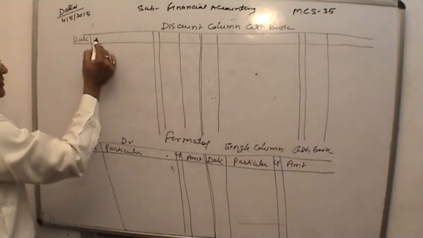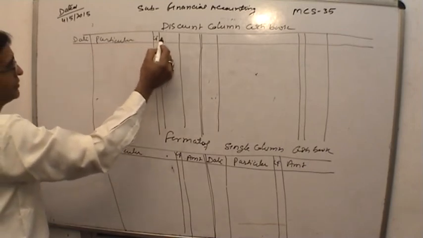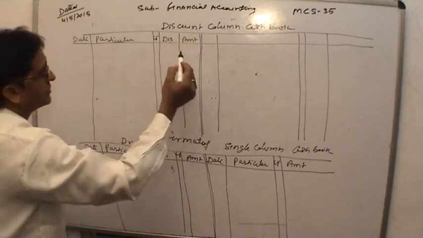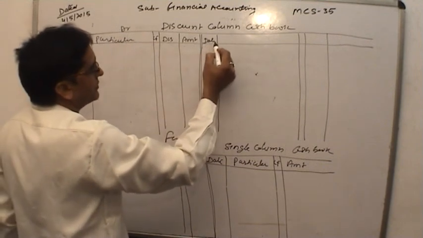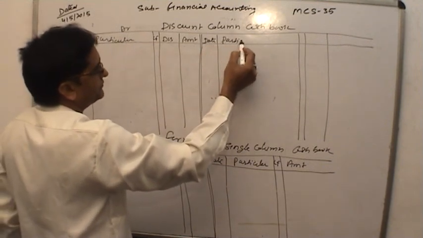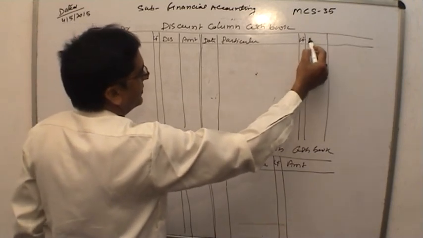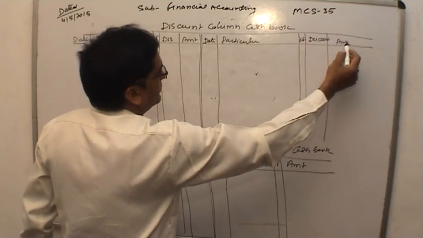Date, particular, ledger folio, discount, and amount. This side is debit, then date, particular, ledger folio, discount, and amount.